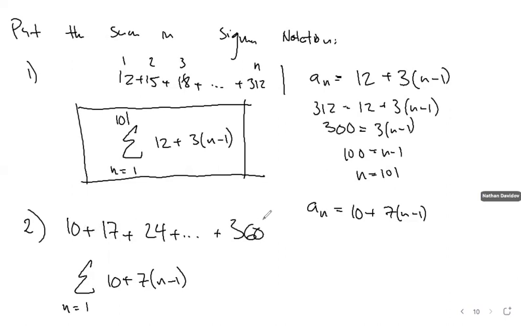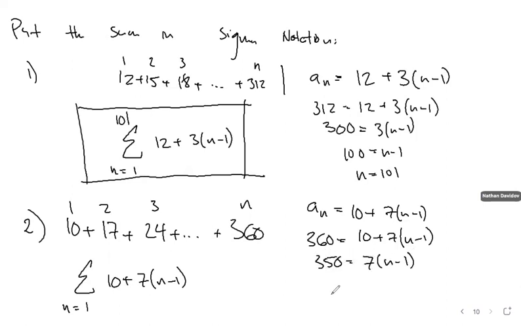And what am I ending at? So this is 1, this is 2, this is 3, this is n. So I'm ending here. But what is n equal to? Let's figure that out. 360 equals 10 plus 7 times n minus 1. So 350 equals 7 times n minus 1. 350 divided by 7. Does that work?